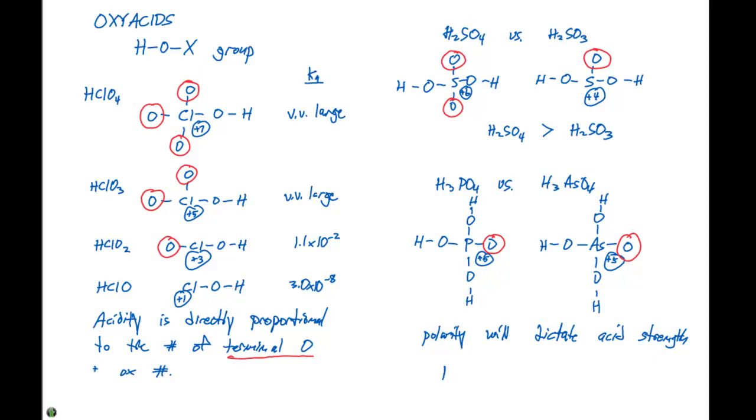So H3PO4 is going to be a stronger acid than H3AsO4 due to polarity. The more polar the bond that's connected to the oxygens, the stronger our acid is going to be. So this is what we would look at when we're looking at oxyacids.